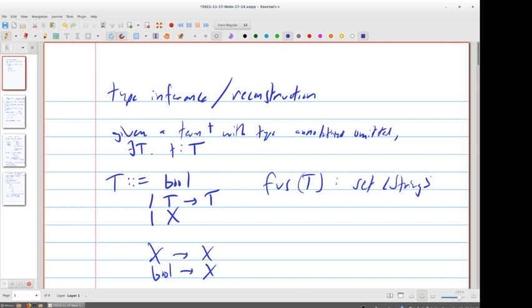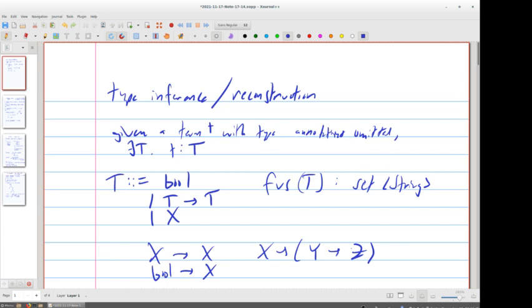What are the free variables of this type? Just the set containing x. Same thing here. But if you had another type like x arrow y arrow z, then the free variables would be x, y, and z.